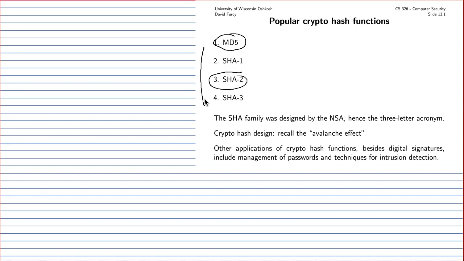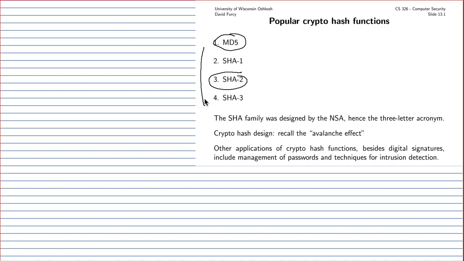Now, remember that the fifth property of a cryptographic hash function we discussed in the last lecture is that it be collision resistant. That means that it should be very hard, computationally speaking, to find two collisions, that is, two different inputs that give the same output.